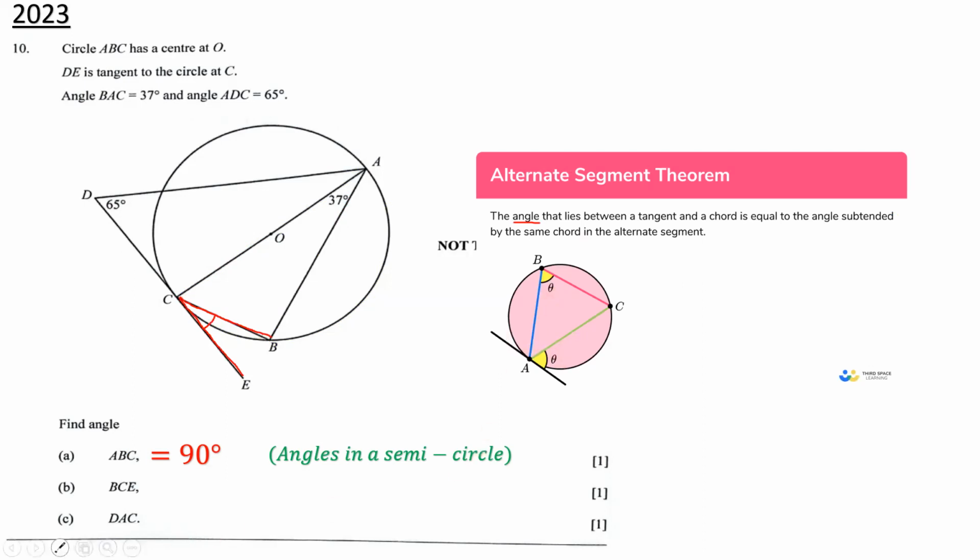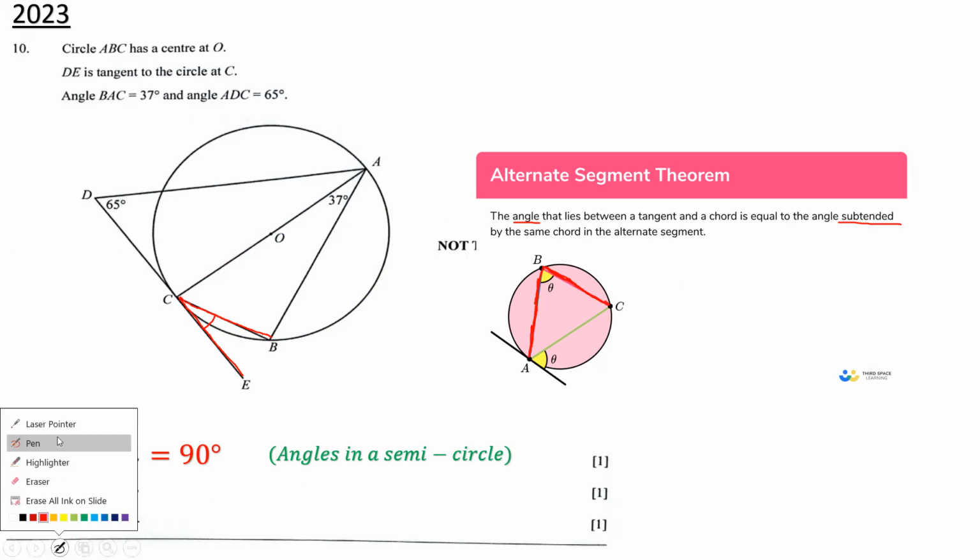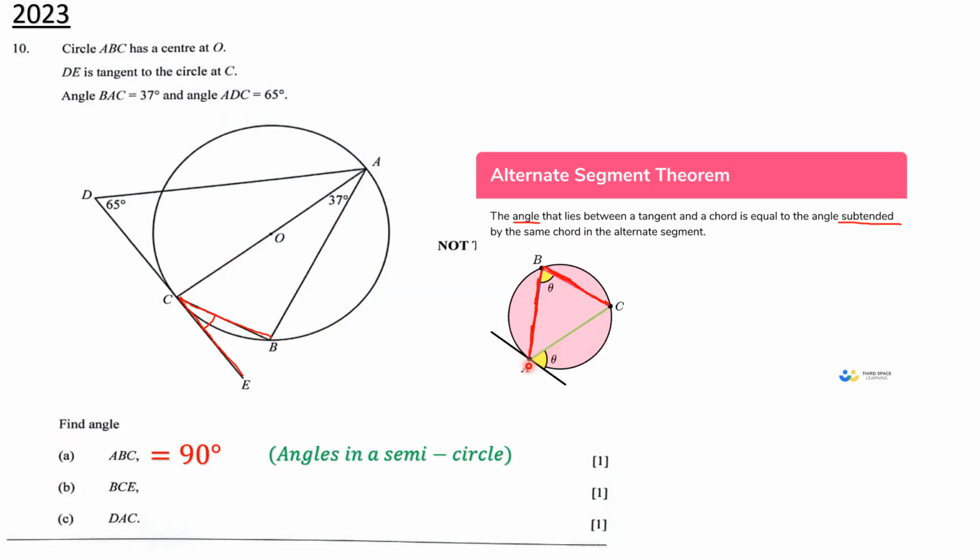And so when we say the angle subtended by the same chord, what we basically mean is that if you look at this particular leg of the angle, along with this particular leg of the angle, the base of these legs is going to be the chord. That's what we mean when we say the angle theta is subtended by the chord.